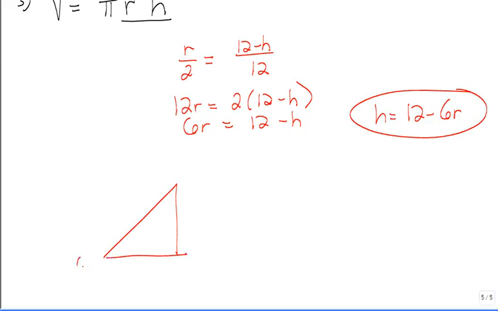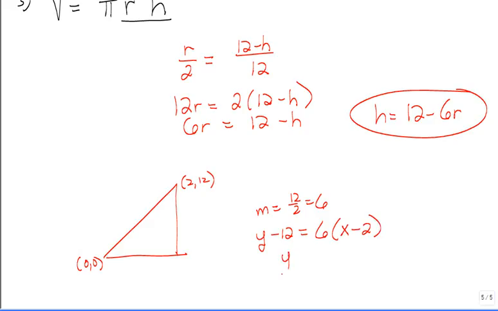We have this line here that goes through 0, 0, and 2, 12, so the slope is 12 over 2, which is 6. And we use the point 2, 12, so we have y minus 12 equals 6 times x minus 2, so we get y is equal to 6x. This point is r, h. So if x is r, we have y equals 6r.